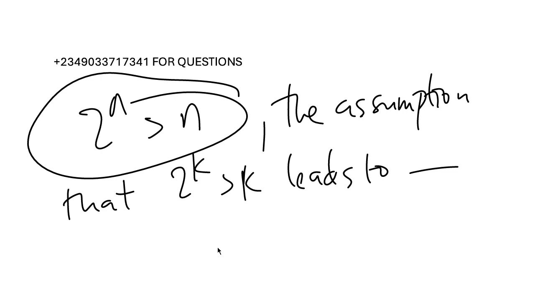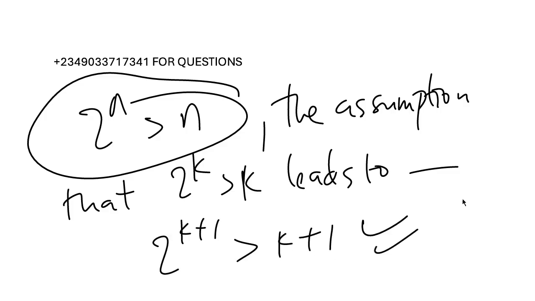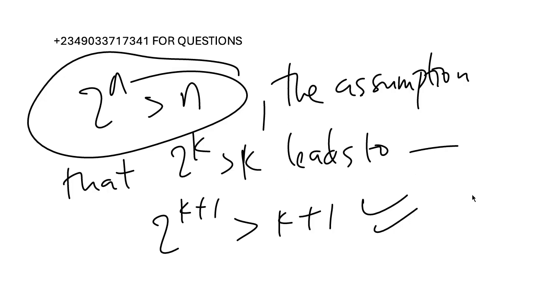Anywhere you see n, we replace it with k plus 1. So that will be 2 to power k plus 1 greater than k plus 1. And you've answered the question, because these are the steps that you need to take to end up with your correct proof. That's what they are just asking. If you look at the options, you see it. Do you get it?